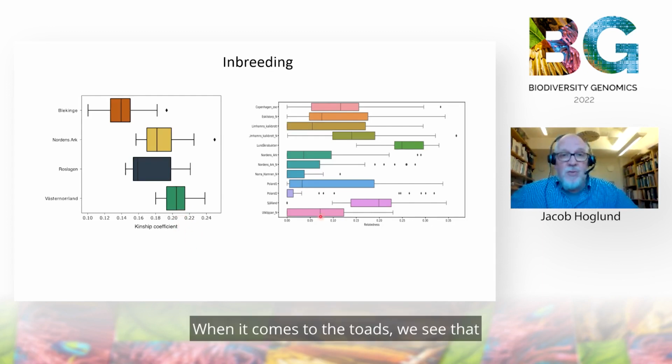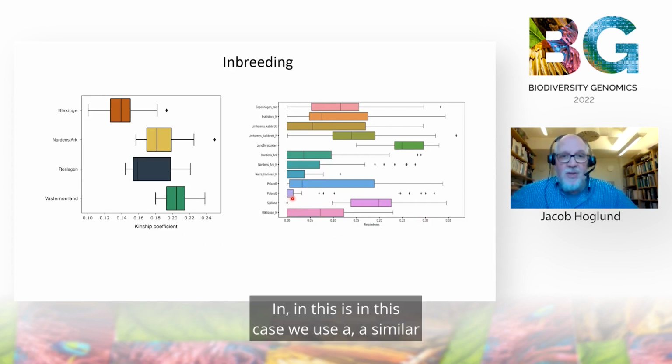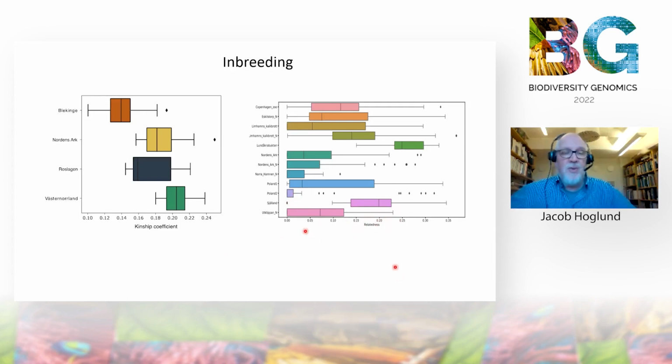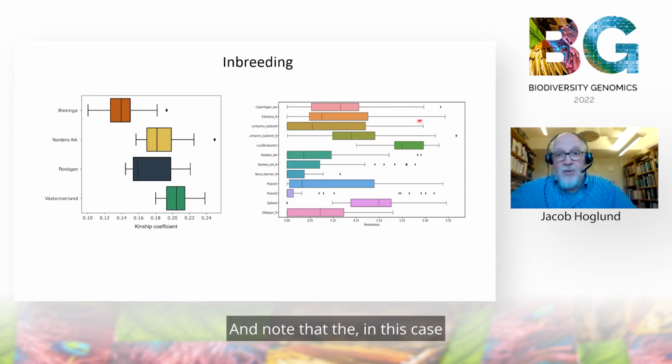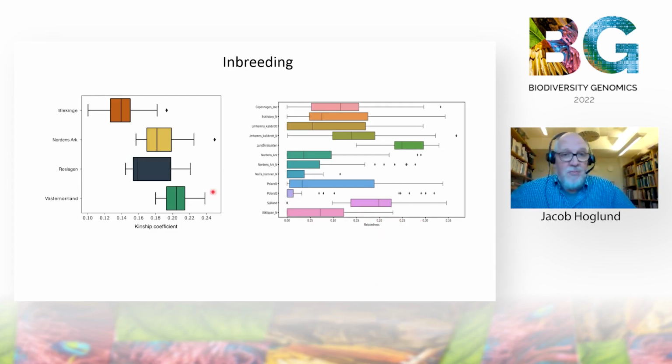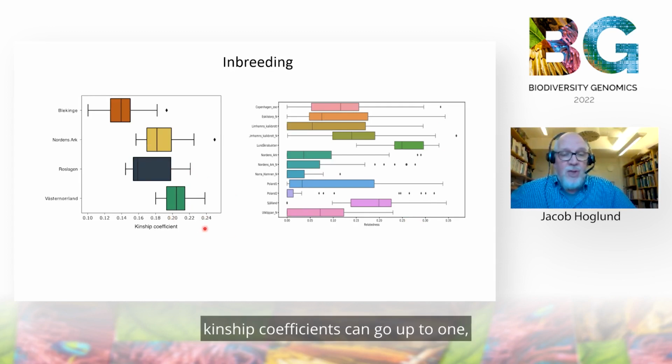When it comes to the toads, we see that the estimates vary quite a lot. Some populations are very low. In this case, we use a similar estimate of inbreeding, relatedness. Note that kinship coefficients can go up to 1, whereas the relatedness coefficient has a maximum of 0.5.